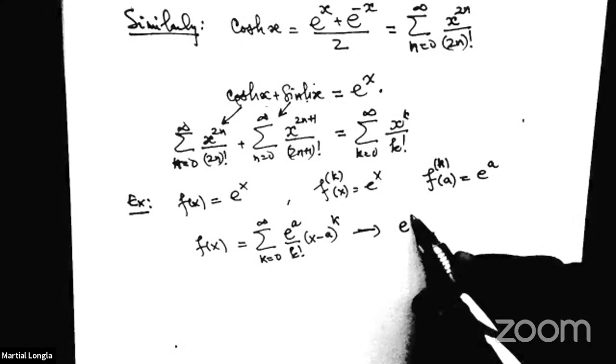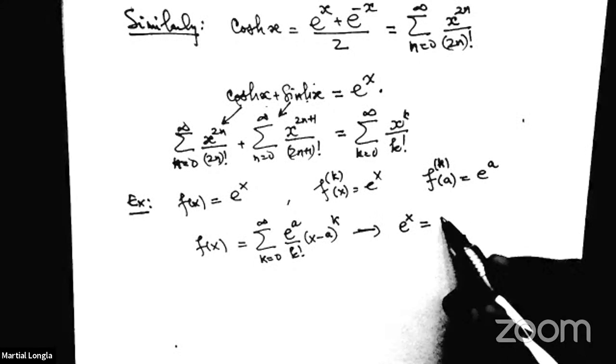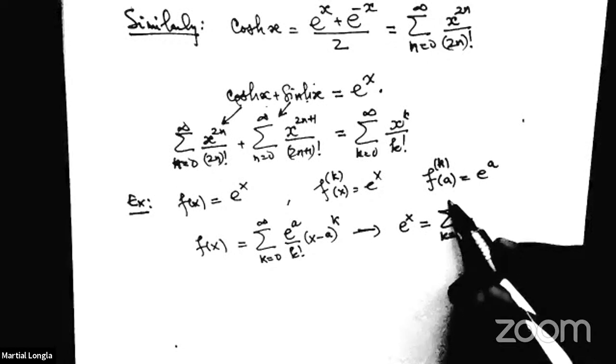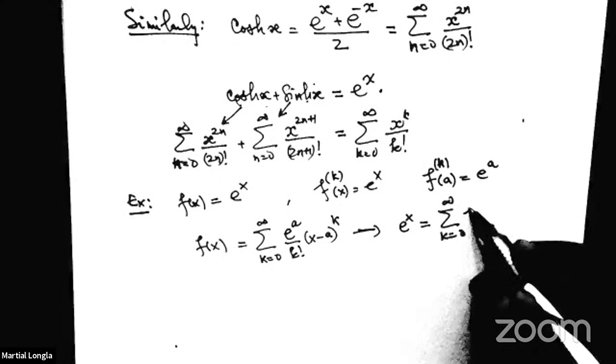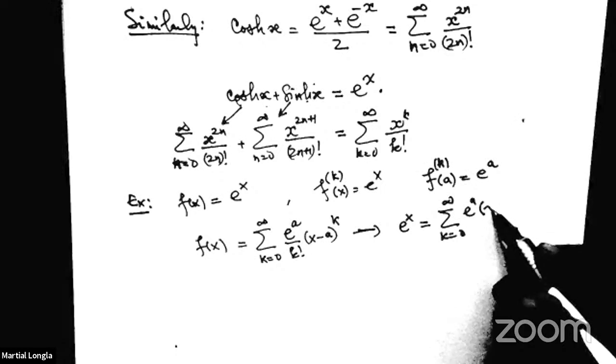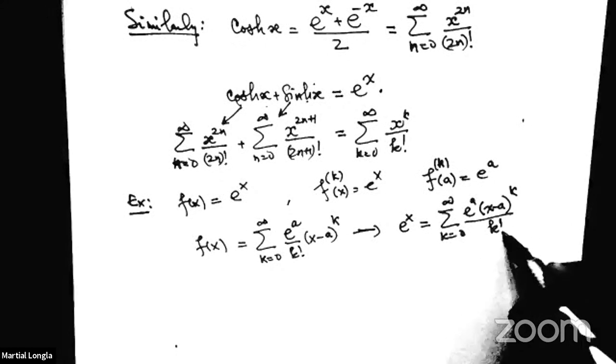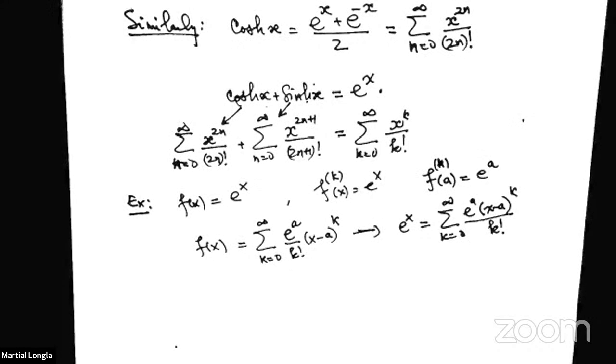So e to the x can also be written as the sum k from 0 to infinity of e to the a, x minus a to the k, over k factorial, for any x and any a.